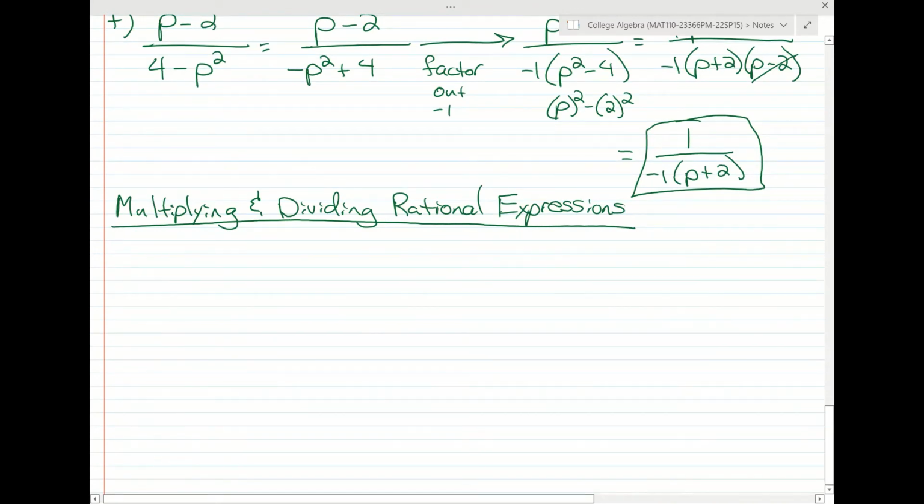Let me show you the steps in order to do this. First step is that we want to always simplify or factor first.